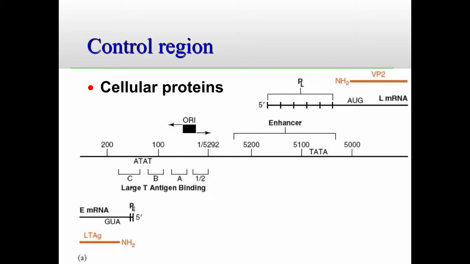A particularly large T antigen. That might not always be right, but probably 90% of the time it will be, because T antigen basically does everything as far as the polyomaviruses are concerned. It stimulates transcription, it represses transcription, it has very important roles in replication, etc.